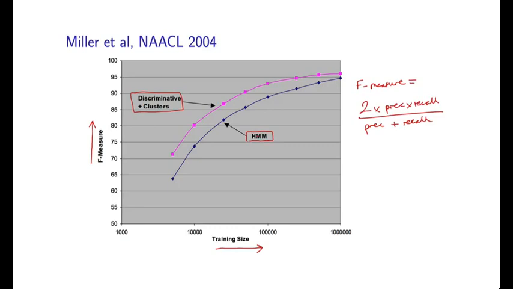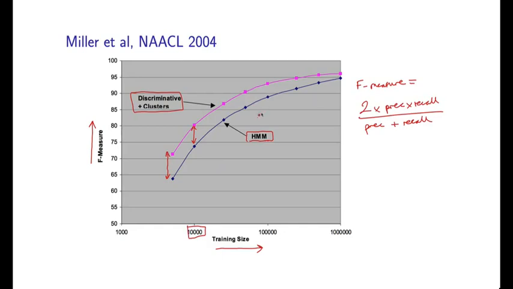So what you'll see here is there's a pretty substantial difference between these two curves. The cluster information really adds quite a bit in terms of accuracy. Over 5% here, over 5% here, that's at 10,000 words of training, I think, and so on.